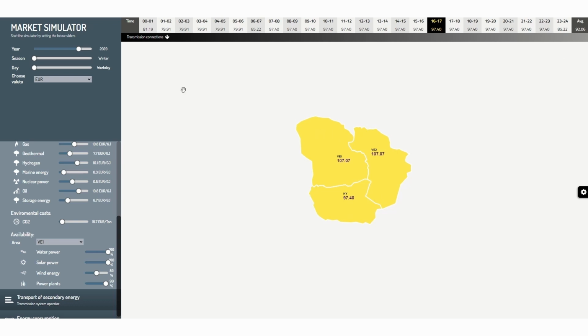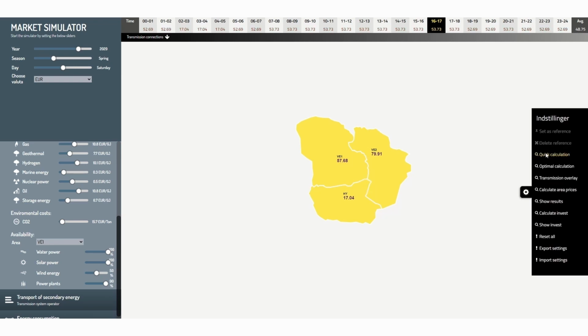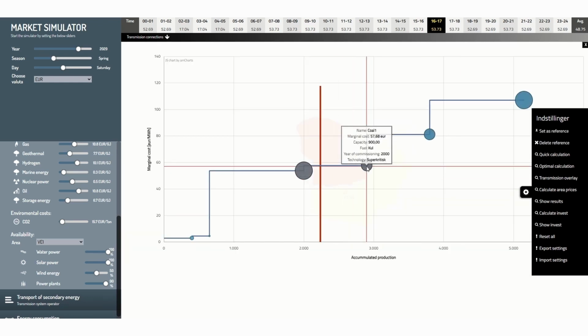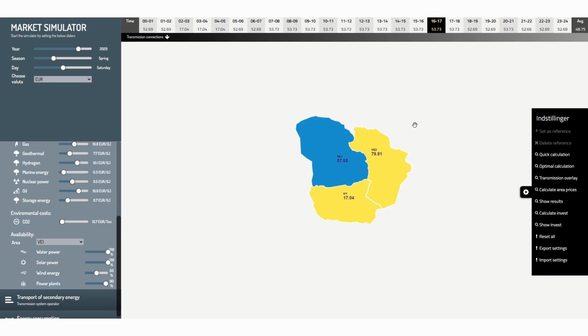If I say, okay, now I want to make this calculation on a Saturday, during spring, and I do a new quick calculation here, prices will change. Now it is this unit here that is the marginal unit, and it has a cost of 57 euros per megawatt hour, and you can see that this is the price in this area.